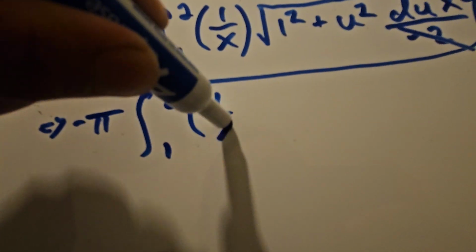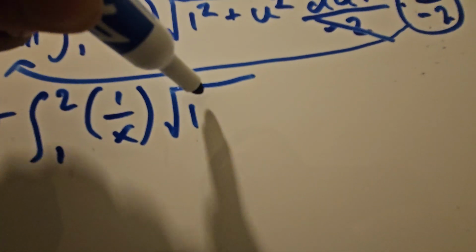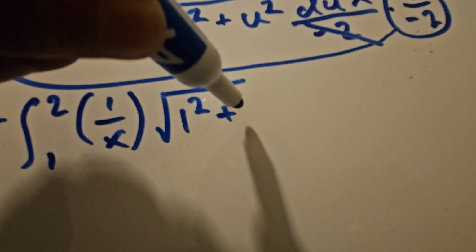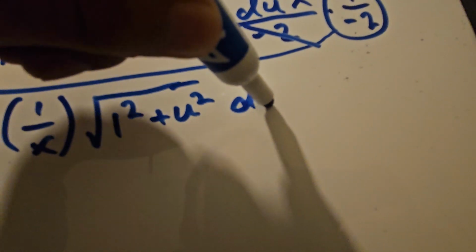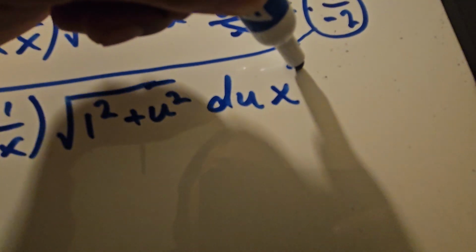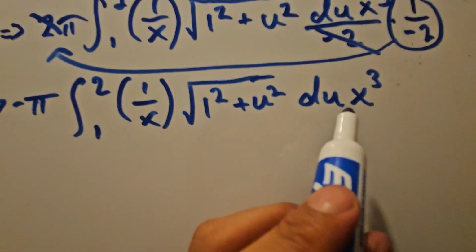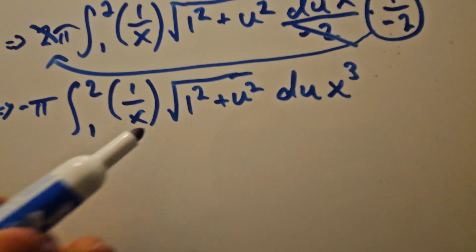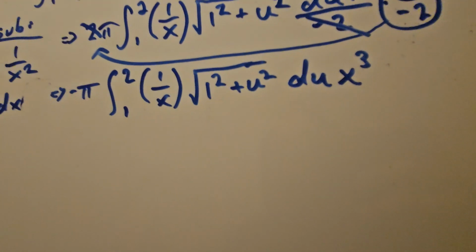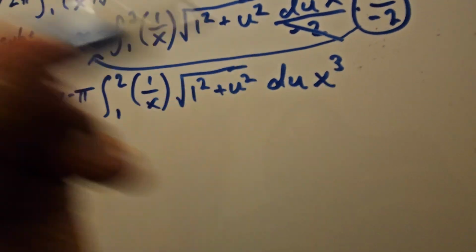1 over x, 1 squared plus u squared du, times x raised to the third power, right? Now look at this. We have an x raised to the third power in the numerator, and we have an x in the denominator. That is going to cancel, so we're going to be left with an x squared.